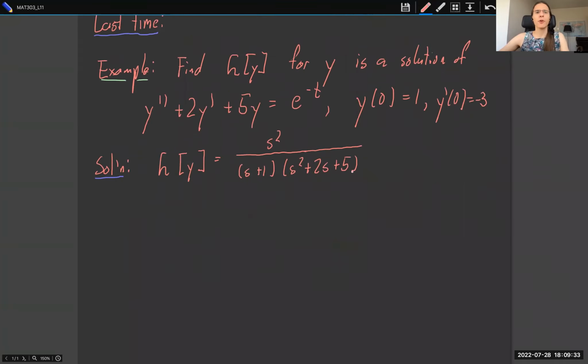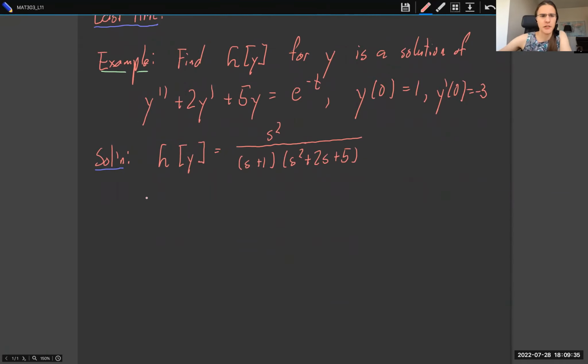So now we can go further and we can solve this differential equation. So now we can find y.